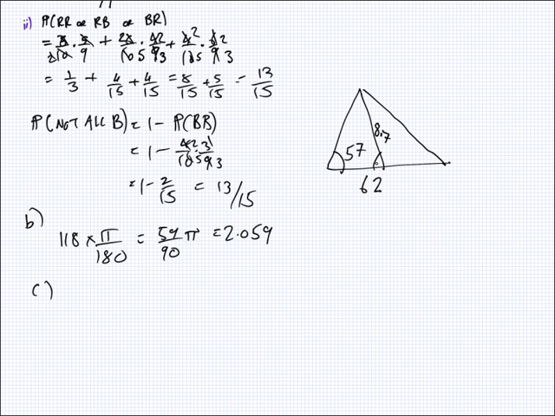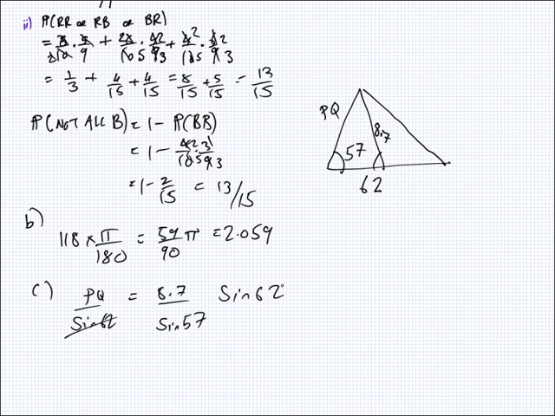And the question is find the length PQ here. So what should I use there? That's just a sine rule, isn't it? PQ over sine 62 equals 8.7 over sine 57.